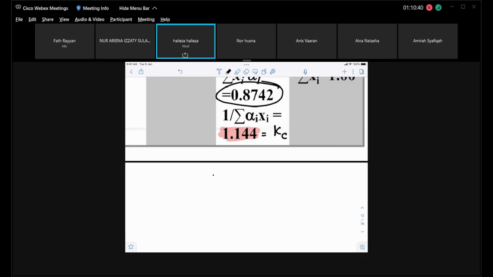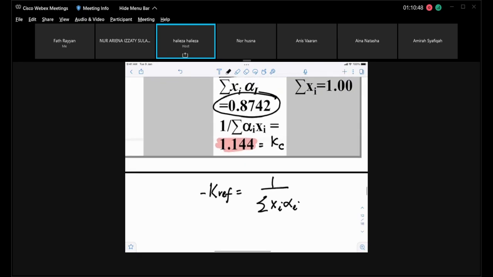Because based on that equation, K reference is equal to 1 over the summation of xi alpha i. So my reference happened to be my component C. So based on that value of my Kc, I will go back to my graph to get my temperature. Okay, so that is 1.144.